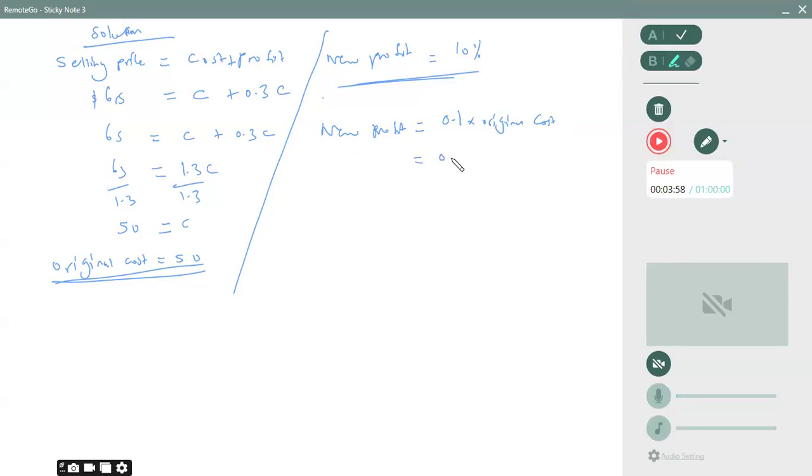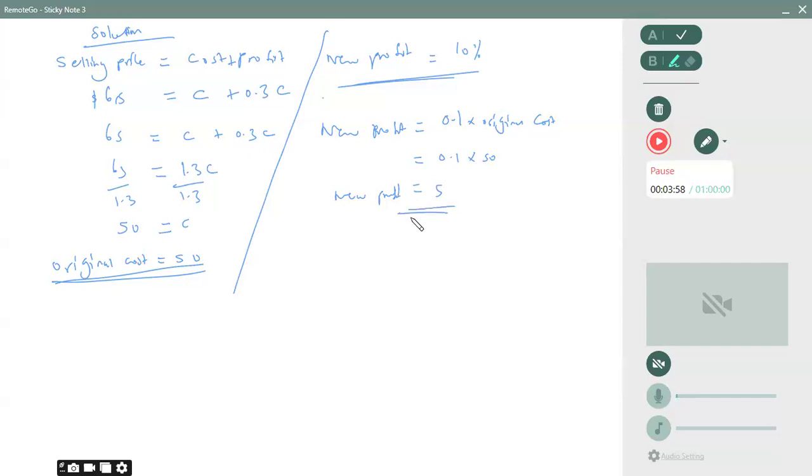So this will be 0.1 times the original cost, which is 50. So that implies that the new profit is 5.